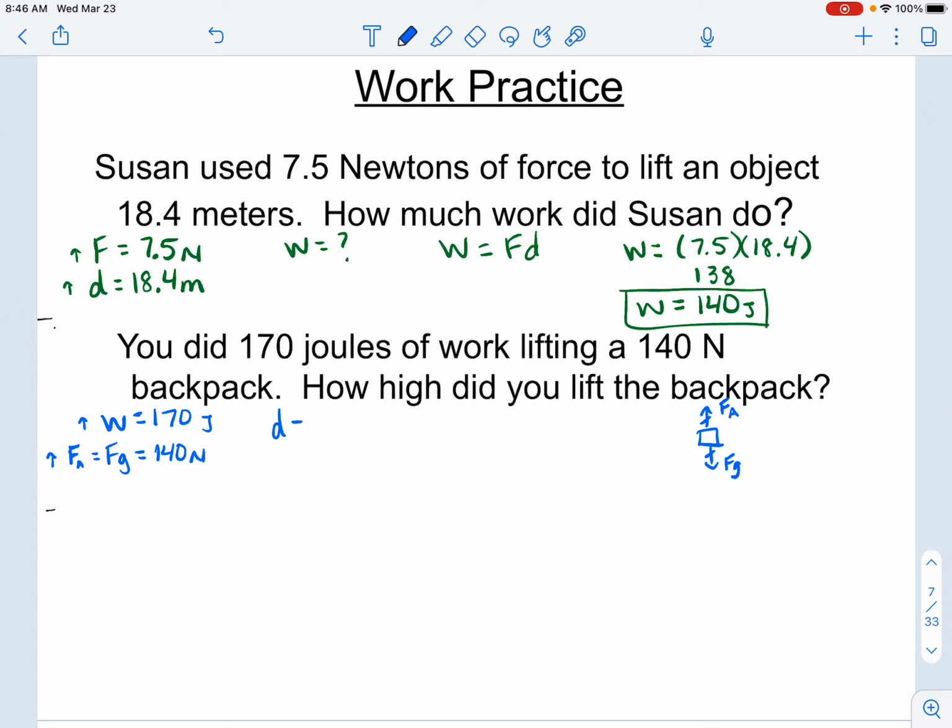Awesome. They are asking me what is the displacement of the backpack. And again, because the backpack is being lifted, this would be a vertical displacement. So I don't have to do anything special or tricky here. I'm just going to take this information and plug it into my equation. Work is equal to force times displacement. And then I'm going to substitute in 170 is equal to 140 times D. So I'm going to divide both sides by 140.